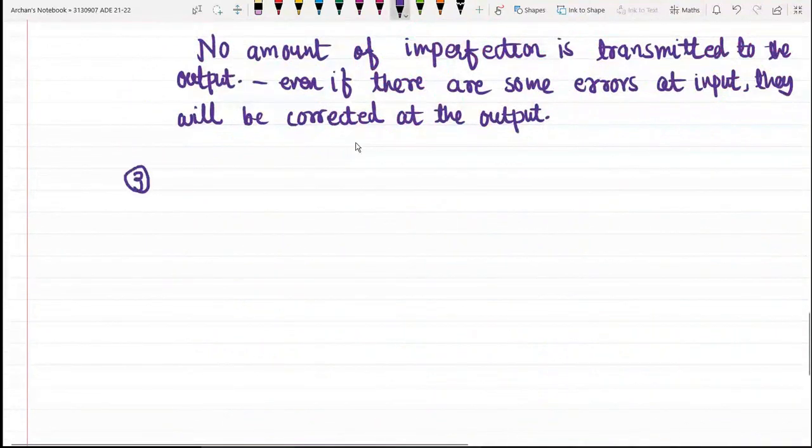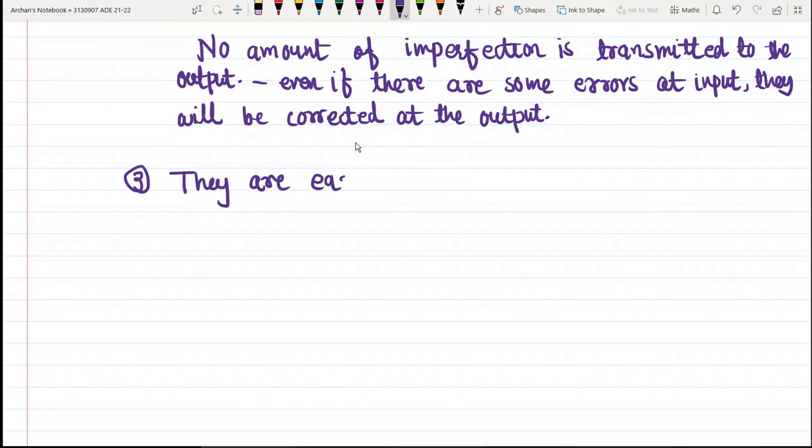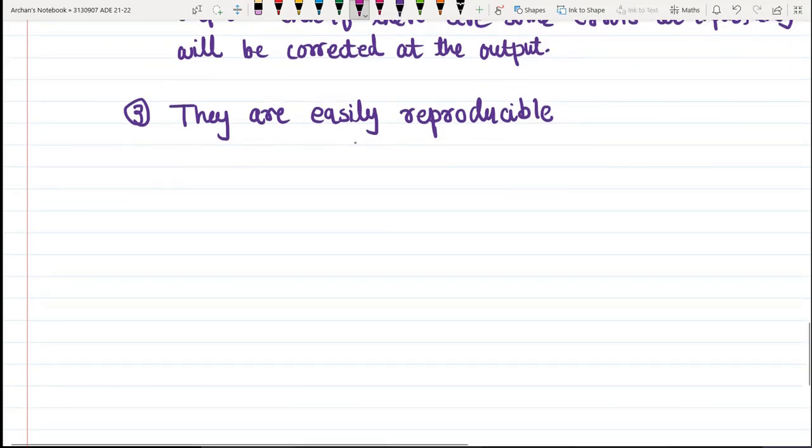Then the third advantage is they are easily reproducible, right? Now what does it mean? Let us try to take one particular digital signal.